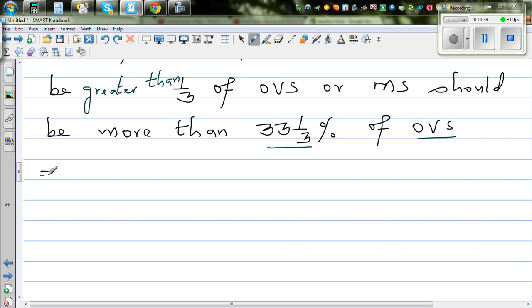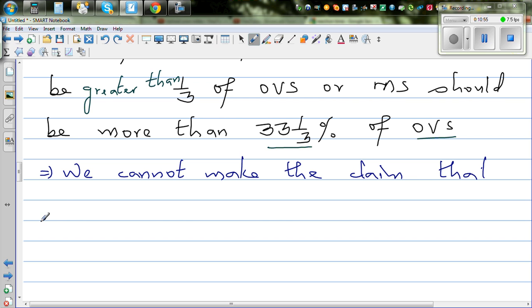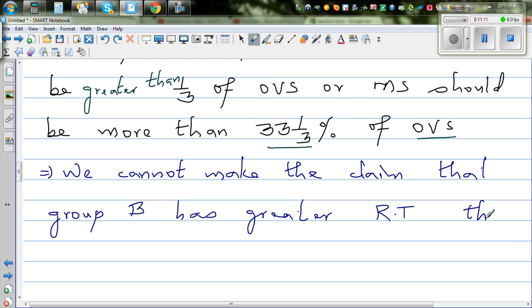This implies we cannot make the claim that group B has greater reaction time, I'll write RT, reaction time, than group A.